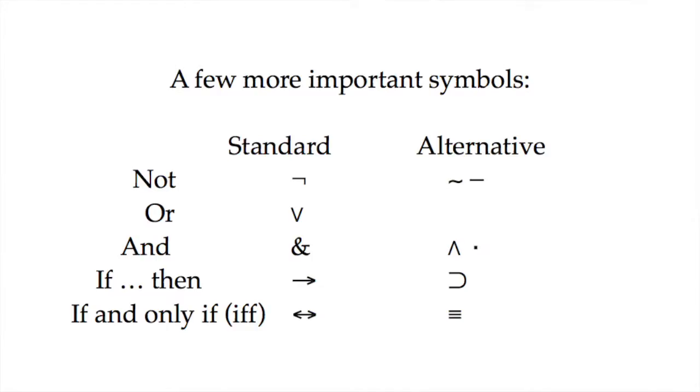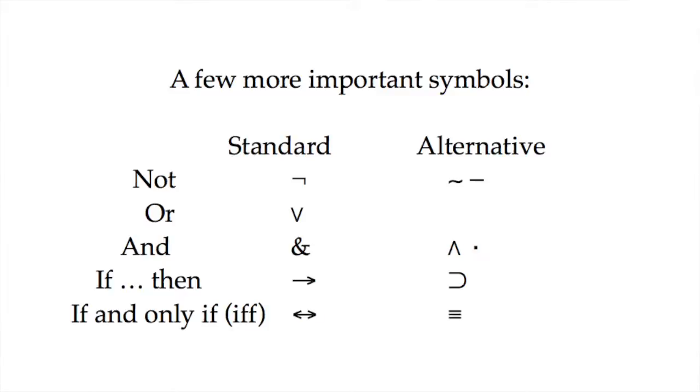I want to start out by reminding you that last time I introduced you to 5 new logical symbols. You can see them on the screen. These are the symbols for not, or, and, if then, and if and only if, which we sometimes write IFF.